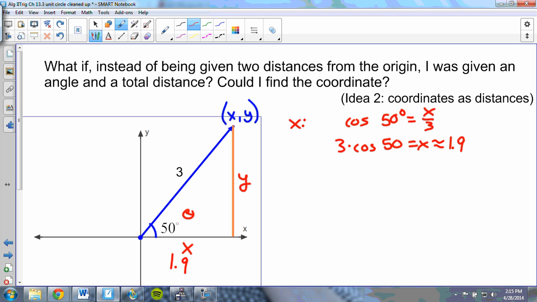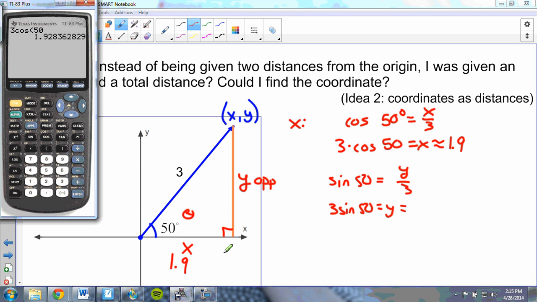Well, to find y, this is the opposite side of this new right triangle that I'm looking at. So to find y, I do the sine of 50 is y over 3. So 3 sine 50 equals y, and 3 times the sine of 50 is 2.3.